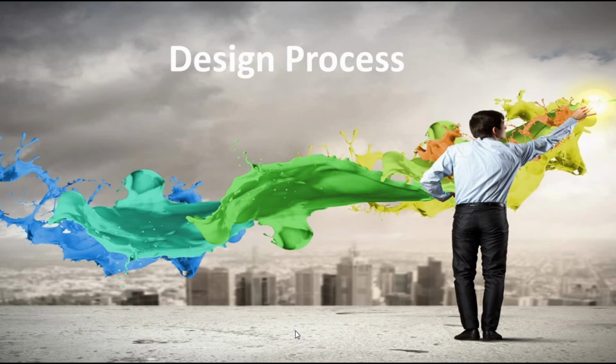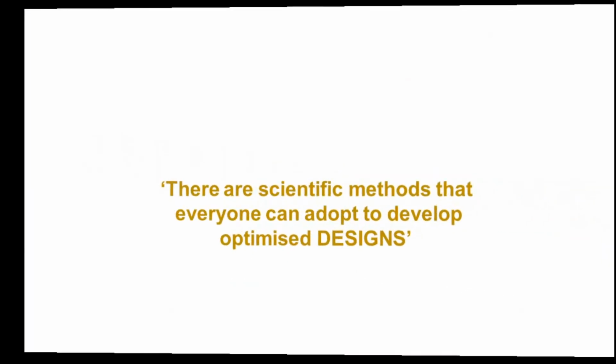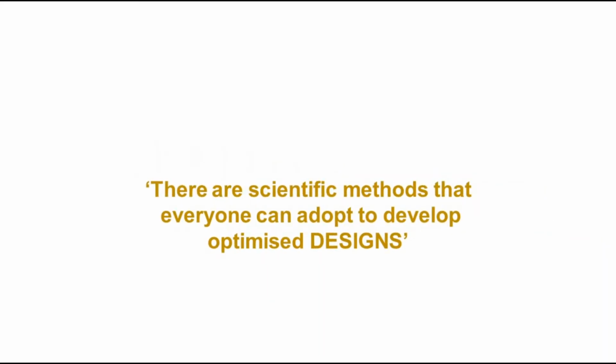Each one will be doing different types of designs. So it is very difficult to limit designers to a particular method. Even though it is very difficult, we can have some scientific methods that everyone can adopt, a general process or general steps that can be adopted by designers to develop optimized designs.